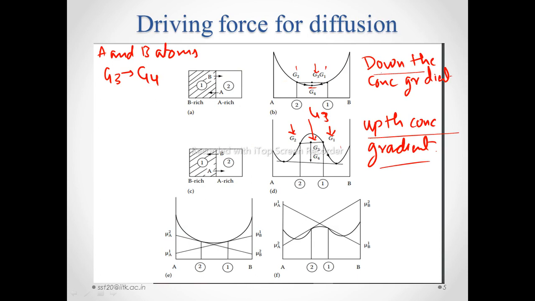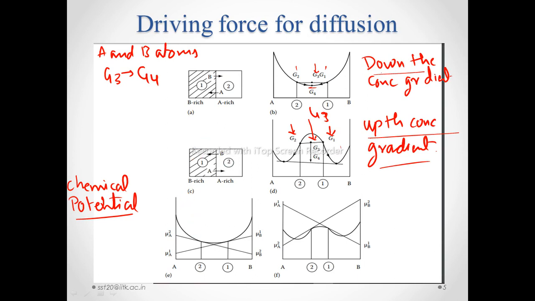One more parameter is there, called chemical potential. Chemical potential is the parameter with which you can define the driving force for diffusion. In both cases, diffusion takes place from higher chemical potential to lower chemical potential, right?